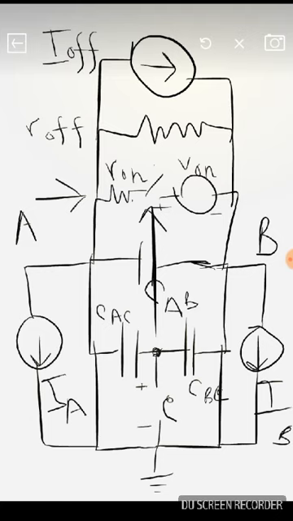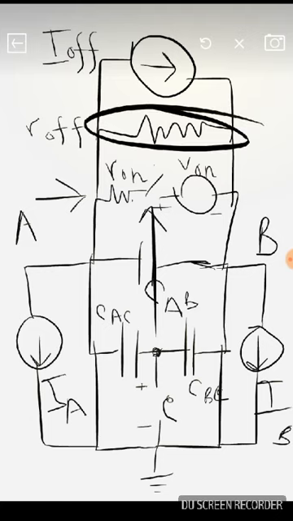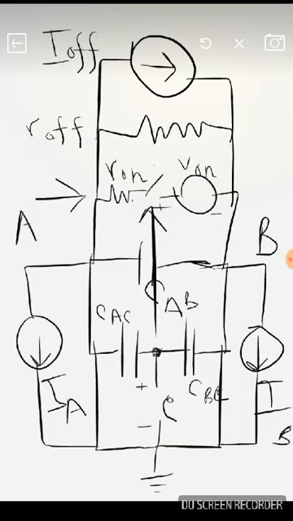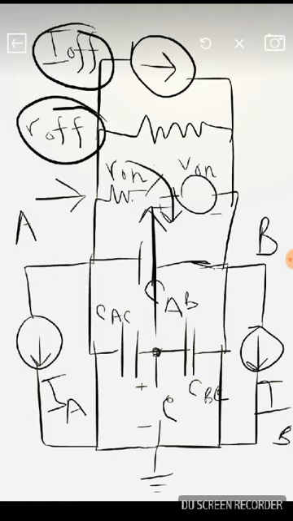And there is a resistance, the off resistance, that is called R off. So during the off state, the MOSFET also conducts some current, which is known as I off, and there is also a resistance, which is R off. Now, when we turn the switch on by giving a condition to C, as R off is a very high, practically infinite resistance, the current would not flow through these parts.